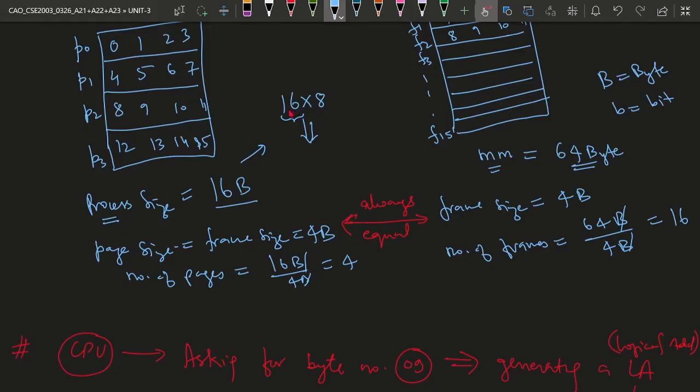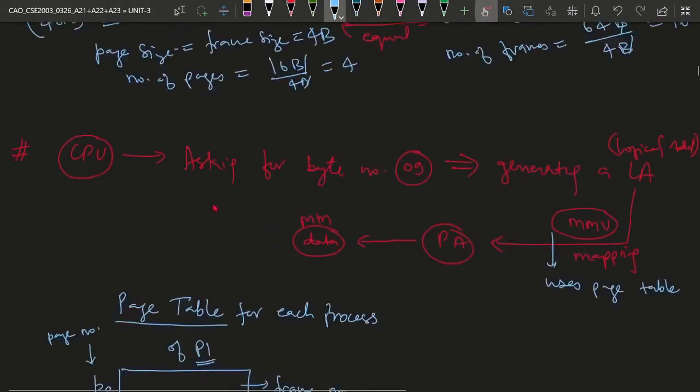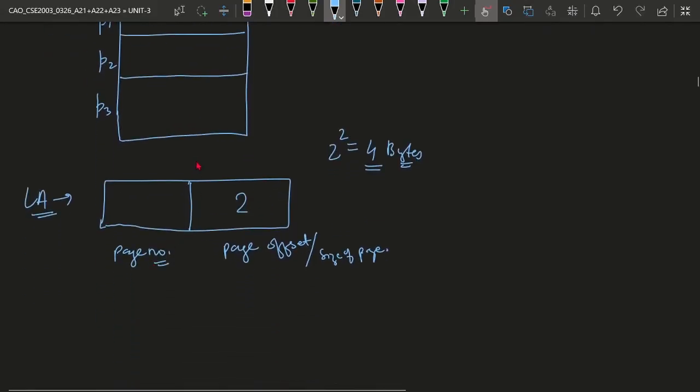So 2 to the power 4 equals 16. It means 4 address lines will be required. That means the address size of this process having 16 byte size will be 4 bits, so the logical address will be of 4 bits.